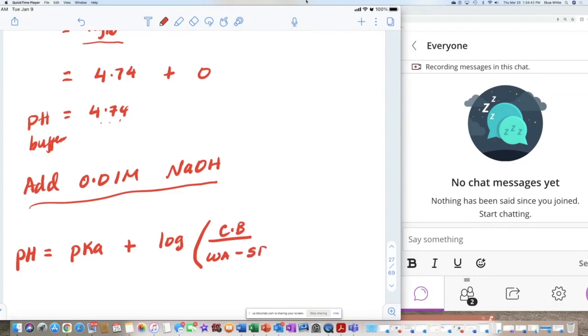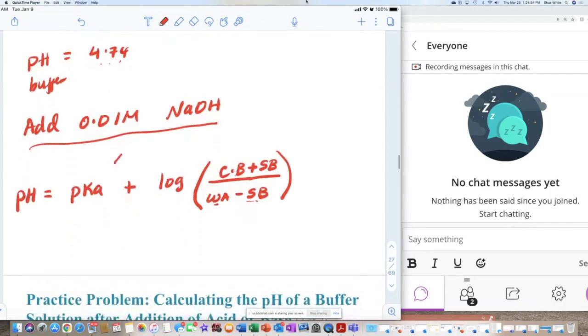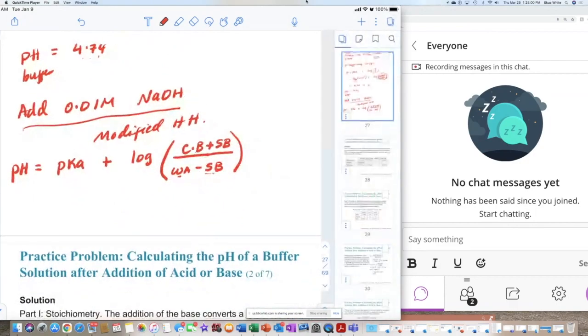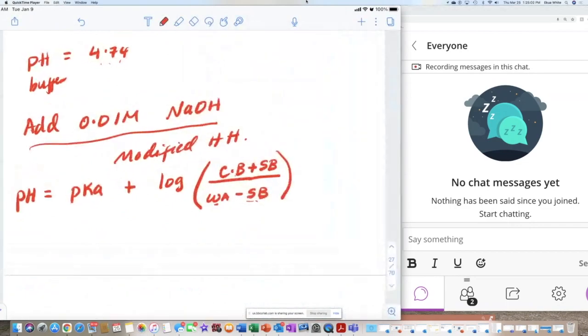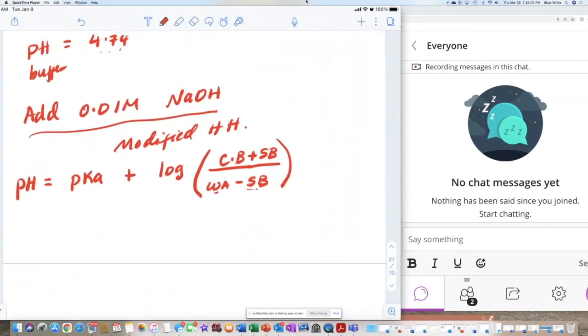This is going to be a strong base right here, and in the process of the weak acid decreasing, it will create more of the conjugate base in the overall solution. So this is the equation I'm going to be using, the modified Henderson-Hasselbalch. Okay, so now I'm ready.